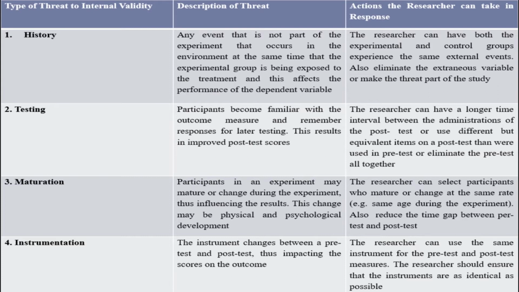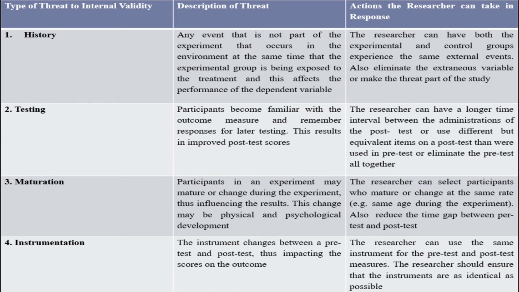Using the example of a behavior change program, history would be any other event that the youth may be going through that is not part of your program that is likely to also change behavior. For instance, some may go for counseling, some may be watching programs on behavior change, others would be having their parents talk to them about behavior change, others could be the church that is talking to them on behavior change.